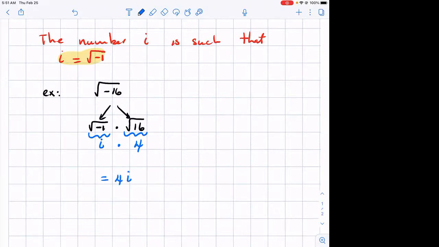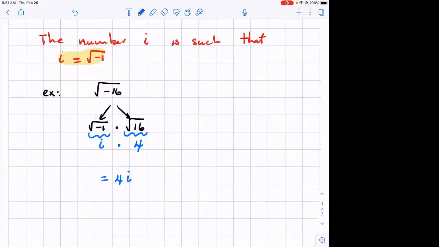It helps us to get an answer, but that answer is not real because we have embedded i into our answer here. Tremendously, this will help us.